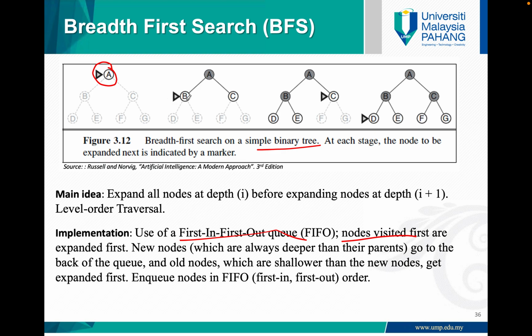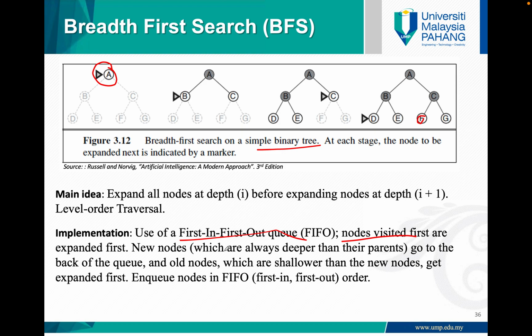So we go to B, and then the nodes after B are D and E. And after we're done with B, then we go to C. And then we expand C, and we see C has F and G. That's what it means by nodes visited first, expanded first.